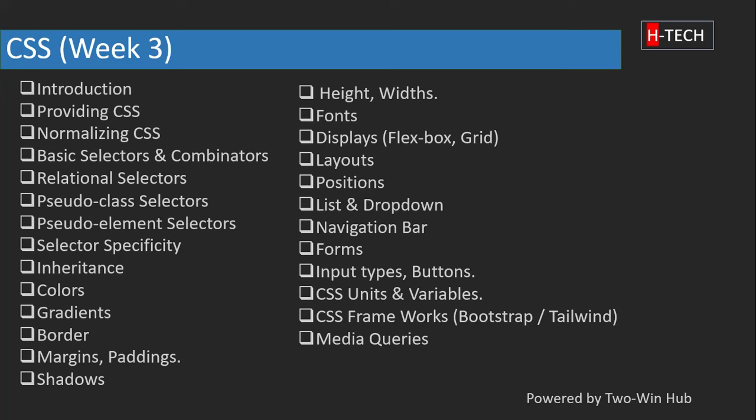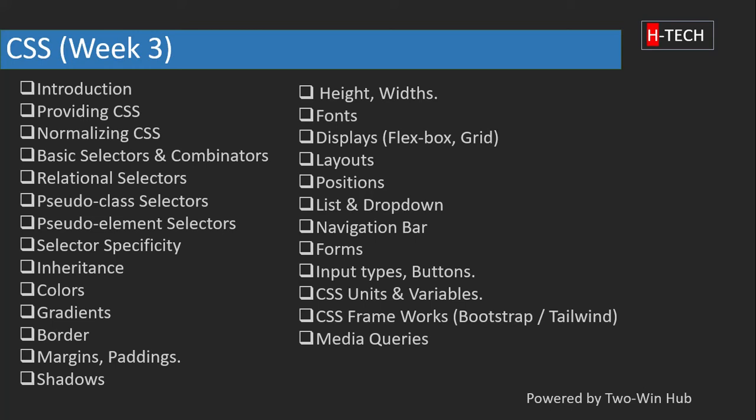So CSS is actually the styling of the website. And if you're styling websites, you need to start with colors, gradients, borders, margin, padding, shadows, heights, widths, the kind of fonts that are available. So know how to select fonts, what the display is, know how to display our websites well using flexbox and grid.